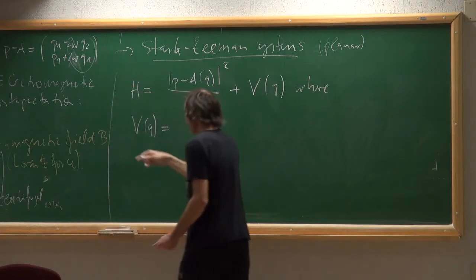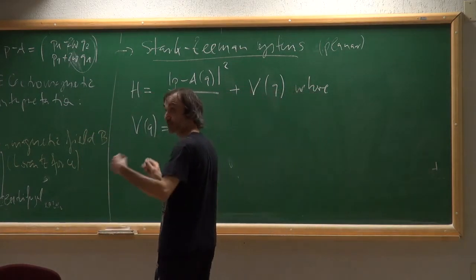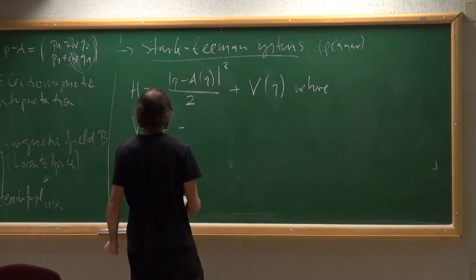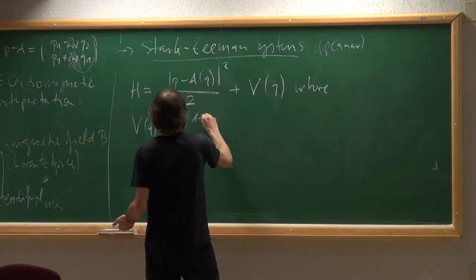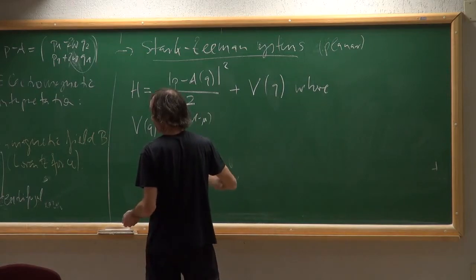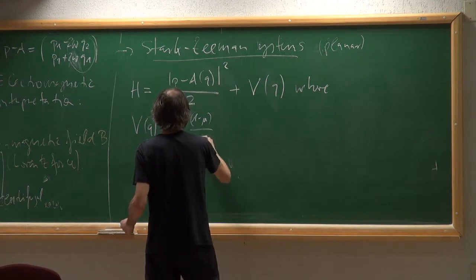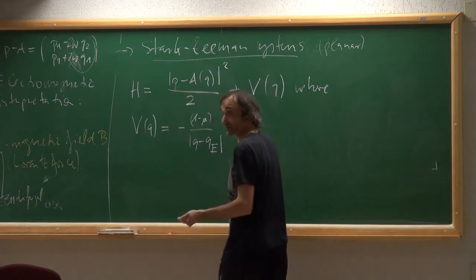This would be a two-center Stark-Zeeman system because it has two centers of Coulomb attraction. So it would be of the shape: minus some mass, or it could be a charge, it doesn't matter. Let me normalize the mass to 1, over the distance to Q_E, the first one being the Earth at some fixed position.